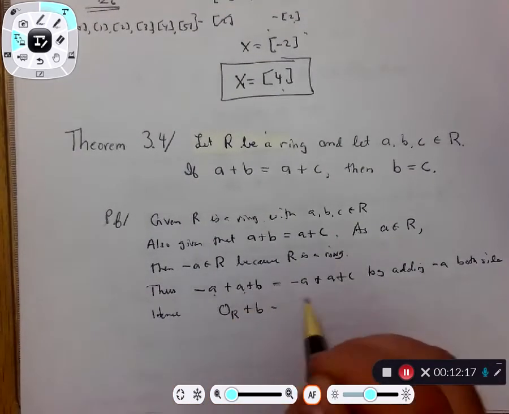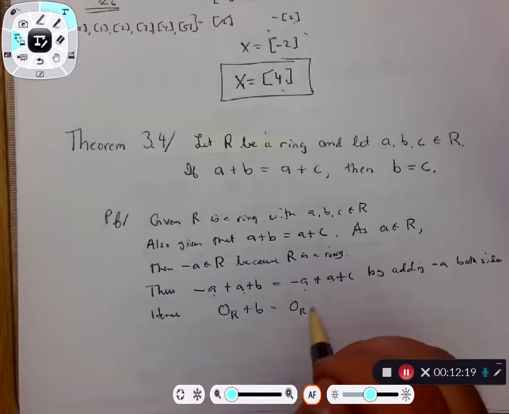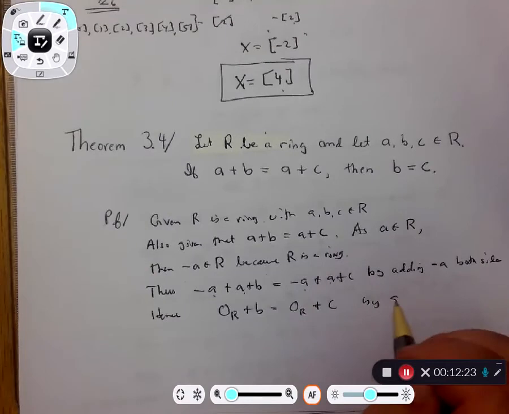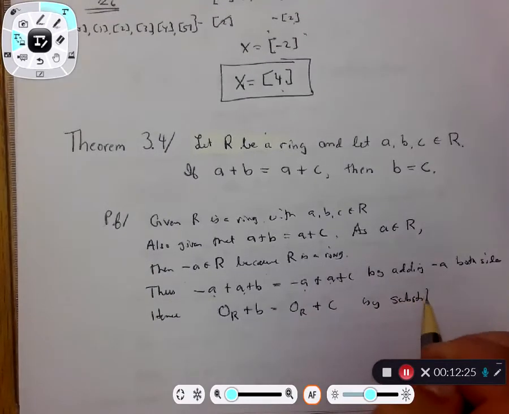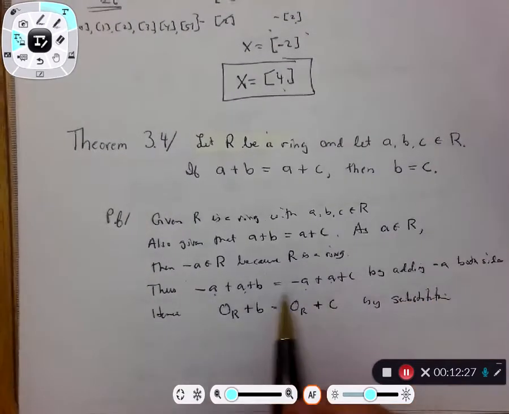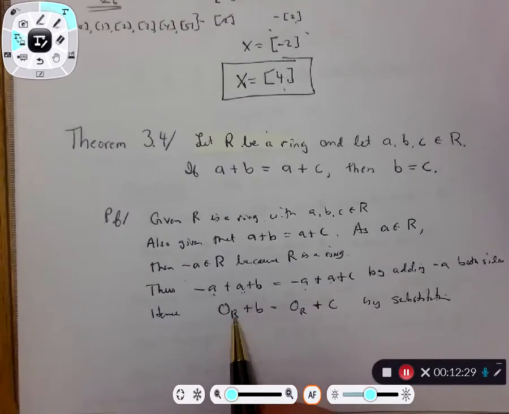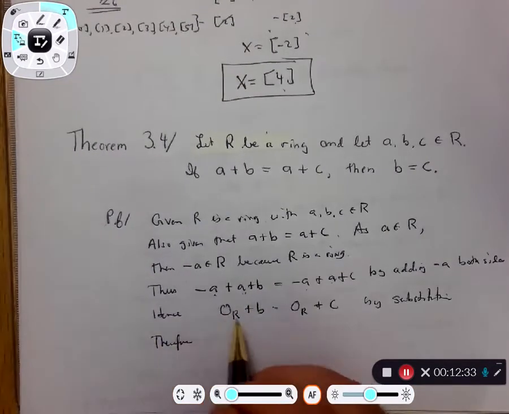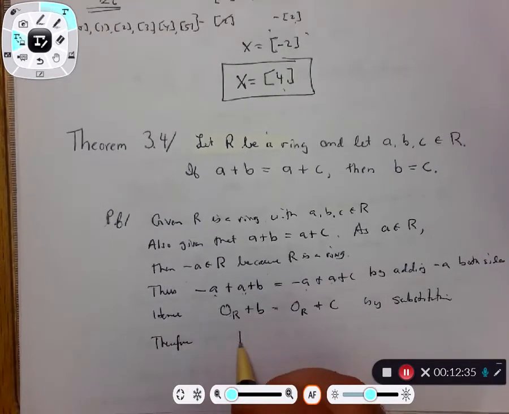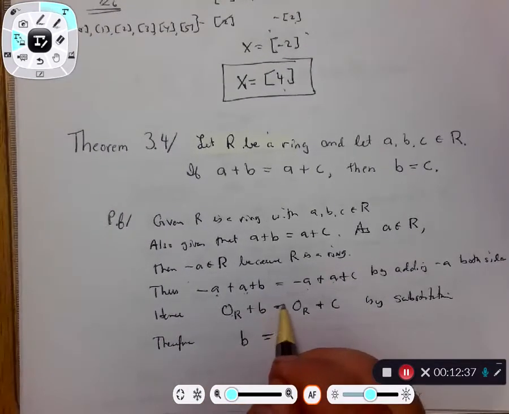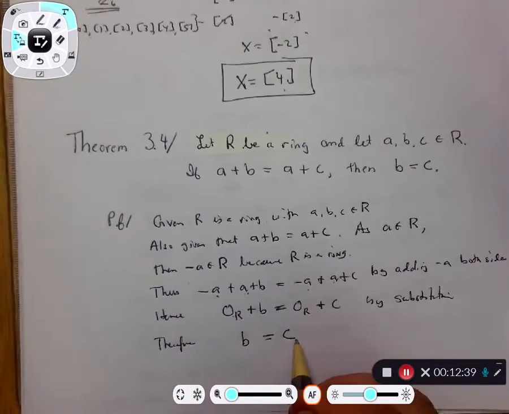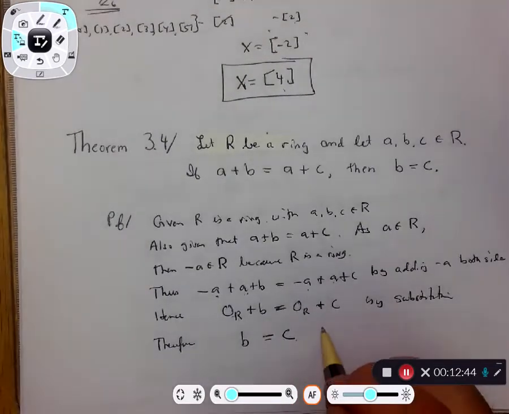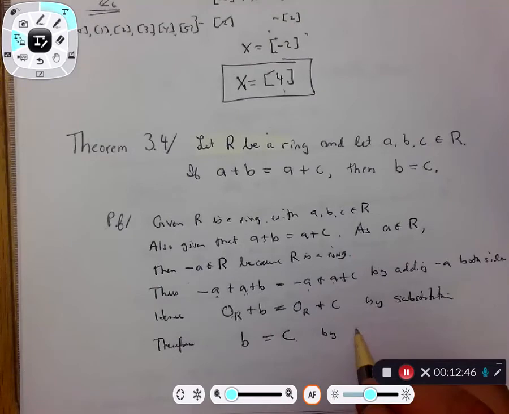Plus B is equal to negative A plus A is 0 in R. Plus C. By substitution. So that's all I did. I replaced the negative A plus A with 0. Therefore, 0 plus B is going to be B. B is equal to C. I'm going to state my reason there by the additive identity.